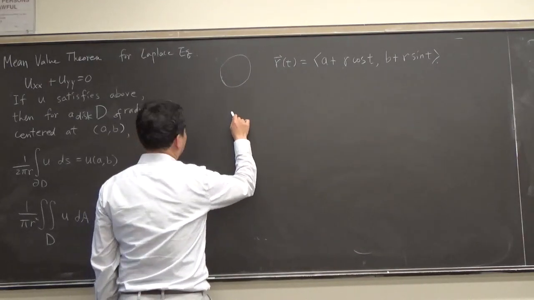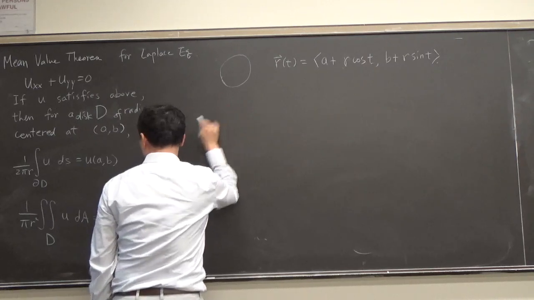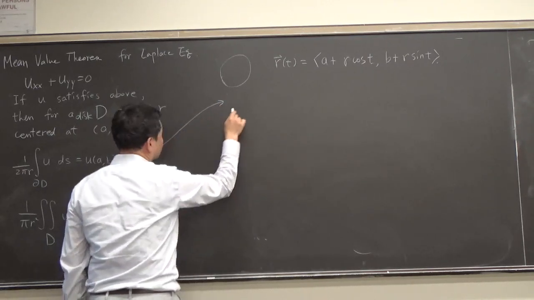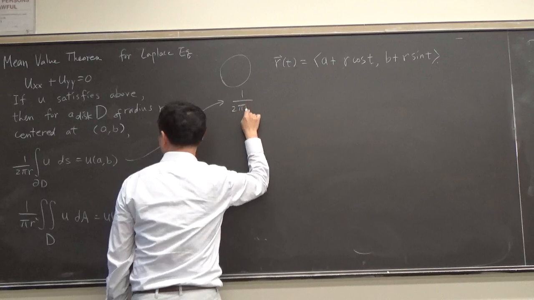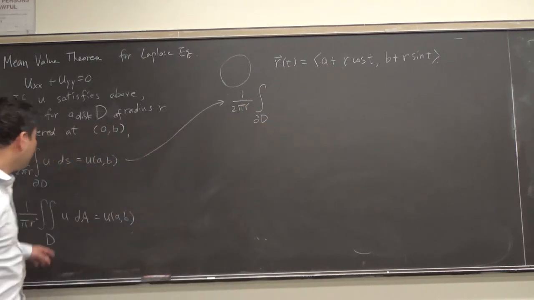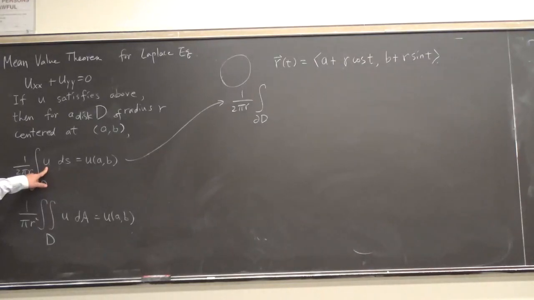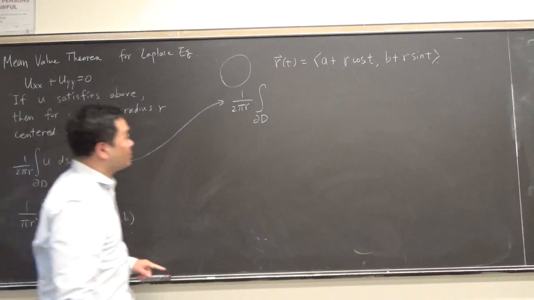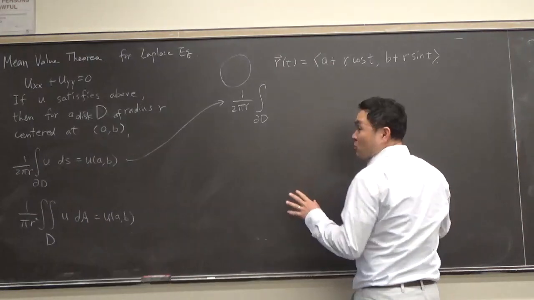Now let's try to calculate this one here. So you first have to make sense of what ds means. In line integrals there are two types.